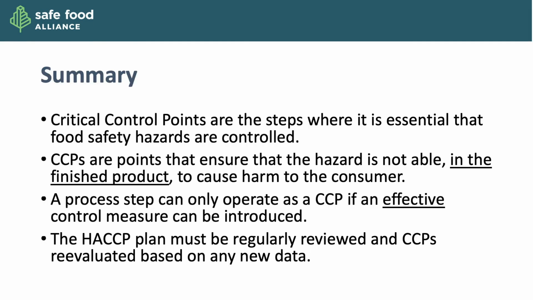So in summary, for HACCP principle number 2, which is determining critical control points, we have to keep in mind that critical control points are absolutely necessary at those steps where it's necessary to control a particular hazard, right? We're focused on either preventing the hazard, eliminating it, or reducing it to a safe level.